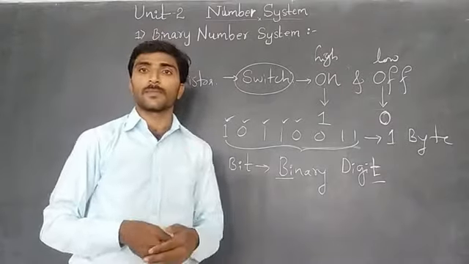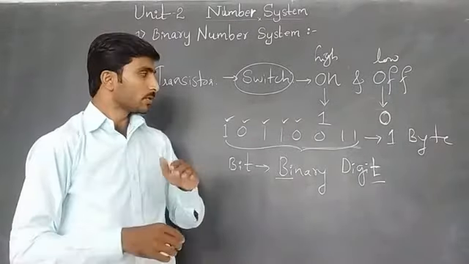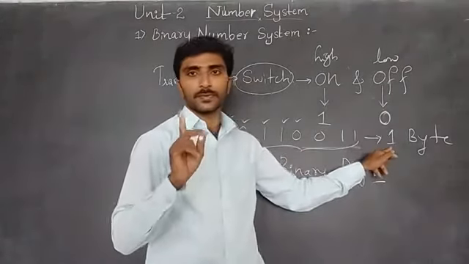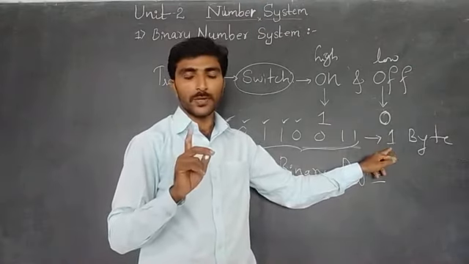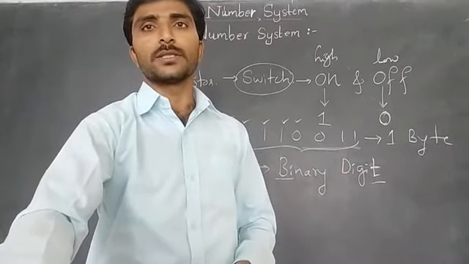So how are they measured? Like this. The group of 8 bits is equal to 1 byte. Now let us discuss the binary number system.